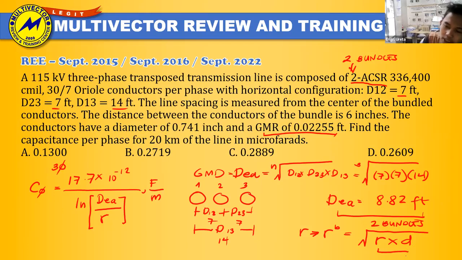Magkakaiba-iba yan kapag 3 bundles, 4 bundles, etc. Pag 2 bundles, geometric mean lang siya. Make sure lang natin na sa formula magka-cancel yung units. Kung D equivalent mo is feet, dapat yung effective radius ng bundle, naka-feet din.